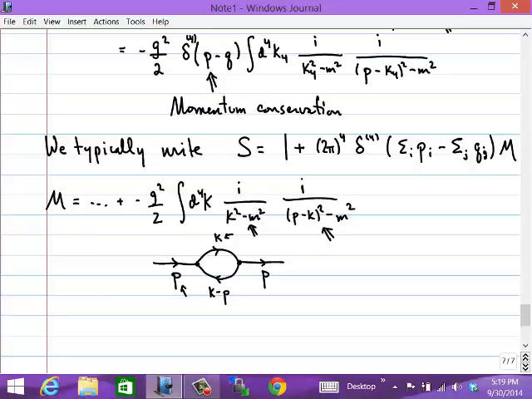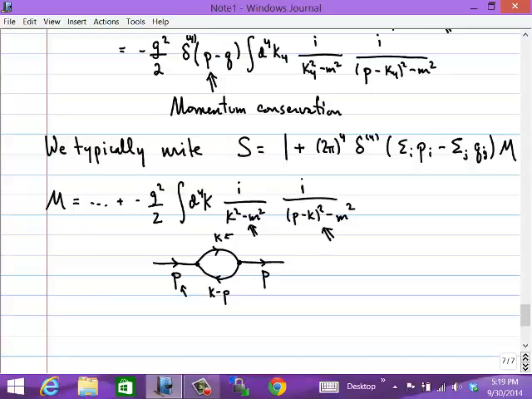In particular, if you think about these internal loops as describing virtual particles, these virtual particles should still conserve momentum. Okay. So if you have a particle p that splits into two particles, then the sum of the momentum of those two particles better still be equal to p.